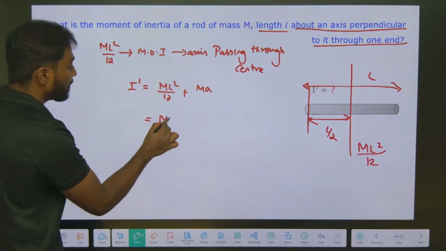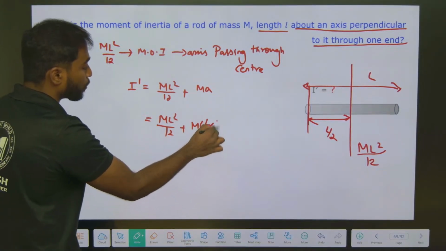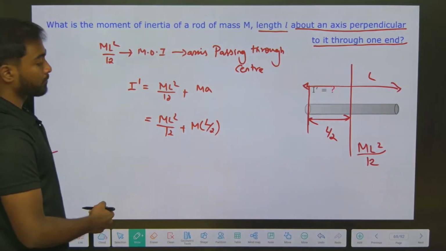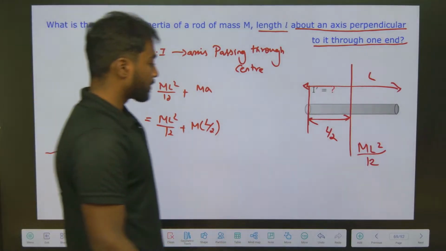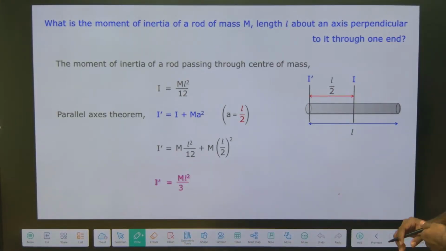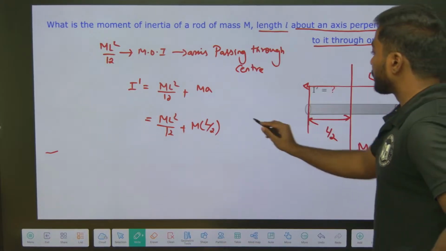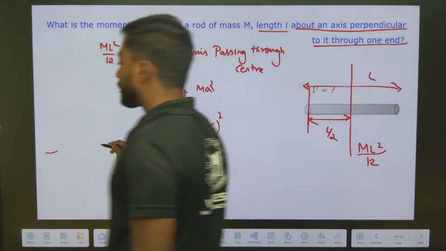So m L square by 12 plus m into L by 2 whole square.